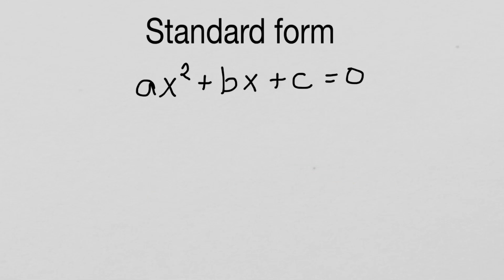I'm going to do another one real quick because this is real important for this week. Today's lesson, you're going to be writing these in standard form, and you're going to be using standard form on Wednesday or Thursday also.